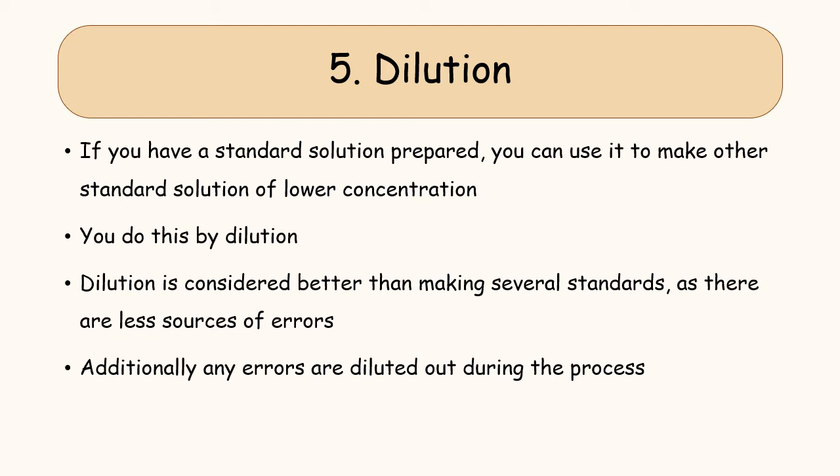Additionally, because you are diluting it, you're lowering the concentration. Any errors you make also get diluted out by doing a dilution process. So in fact, you're making your solutions more accurate by doing dilution.